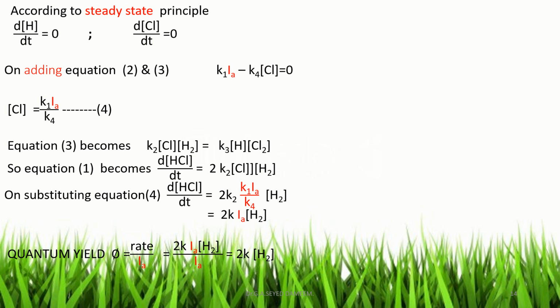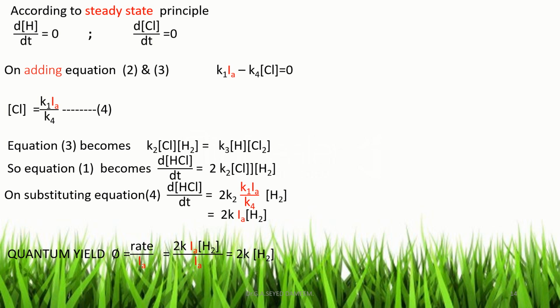Now on substituting the concentration of Cl from equation 4 in the above rate equation, we get d[HCl]/dt equal to 2K2 times K1Ia divided by K4, that is the concentration of Cl, times the concentration of H2.